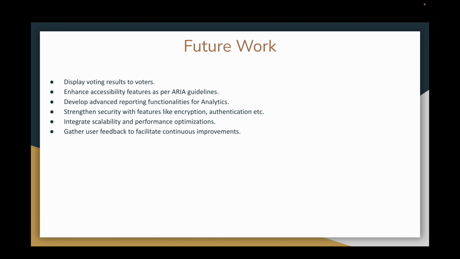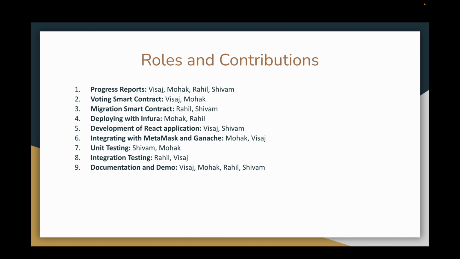We can integrate scalability and performance optimizations if we want to deploy this application at a large scale. These are just some of the ideas that we have which could be used in future to make this a better application.